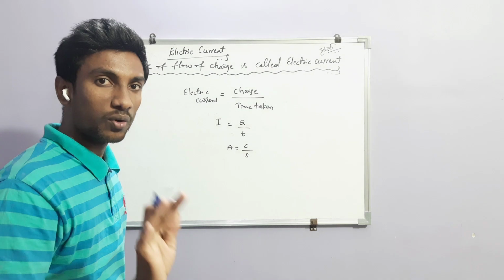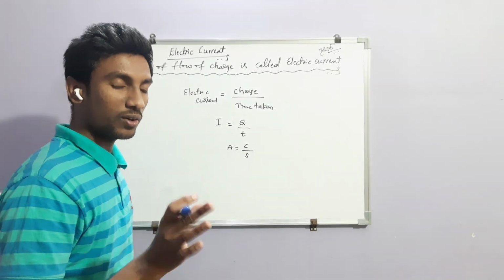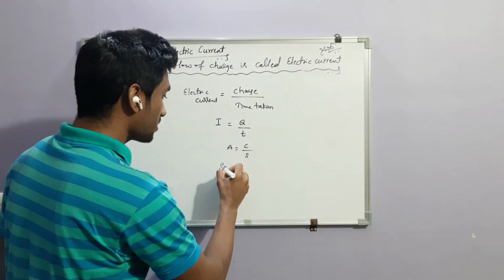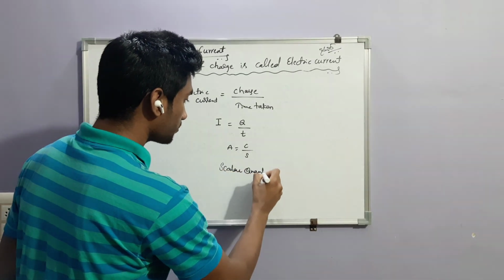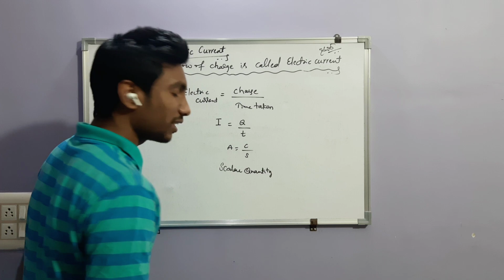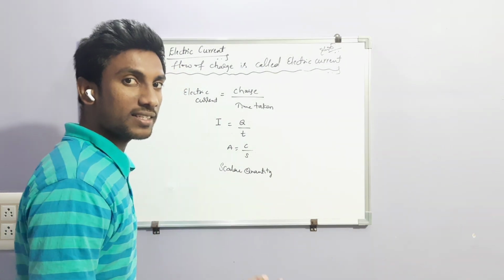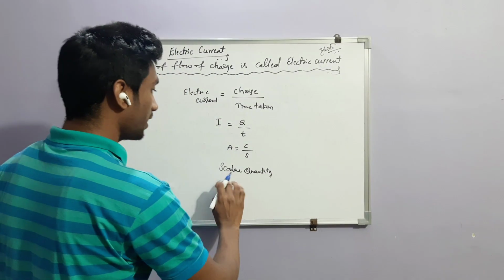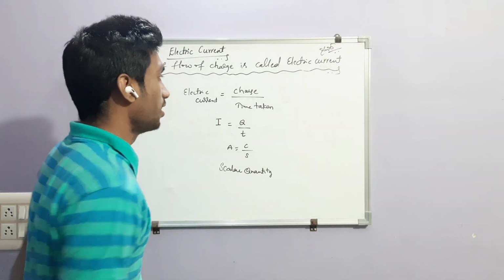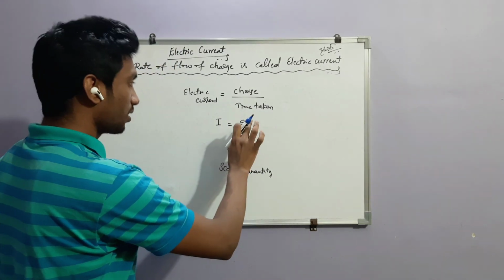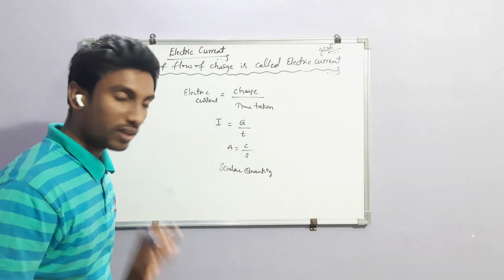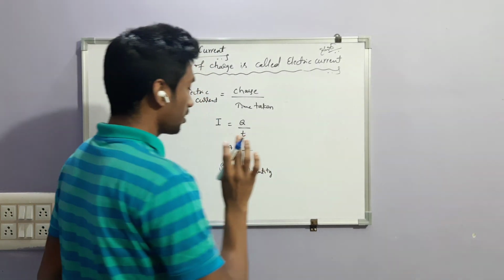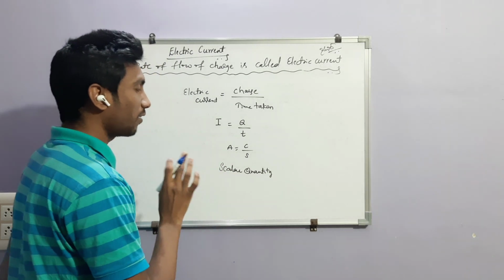Is it a scalar quantity or a vector quantity? It is a scalar quantity. Why? Because it doesn't have any direction, it only has magnitude. Suppose they give the q value and t value, we can calculate I. Suppose they don't give the q value, they only give I and t.